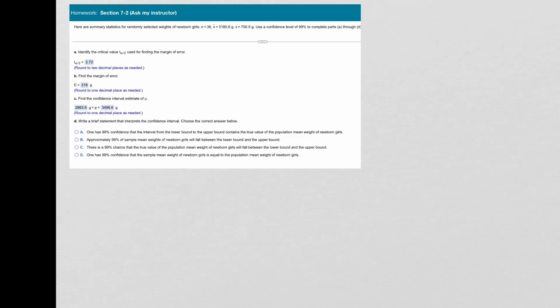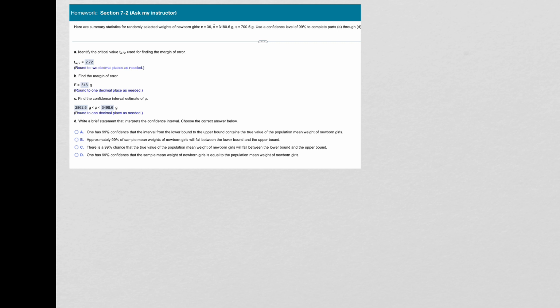Okay, so in part C, now I want to find the confidence interval estimate of mu. So we're finding the confidence interval estimate of mu, and I put in the confidence interval values, the lower and the upper values that we found in the previous part. So once we get to part D, it says to write a brief statement that interprets the confidence interval.